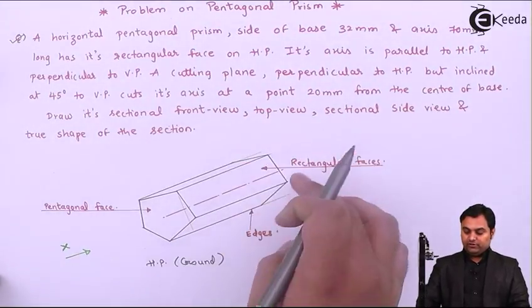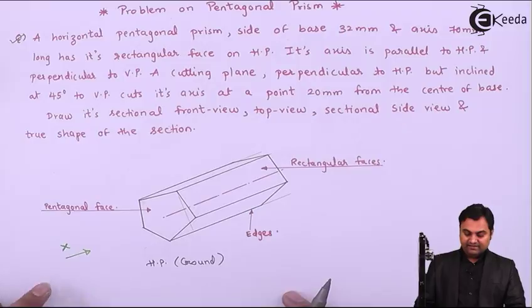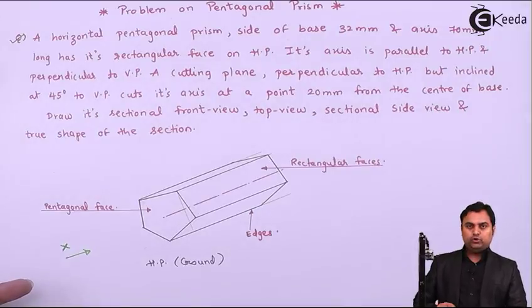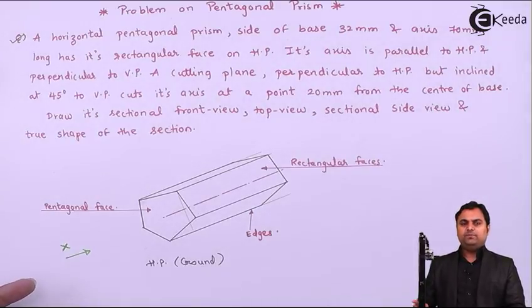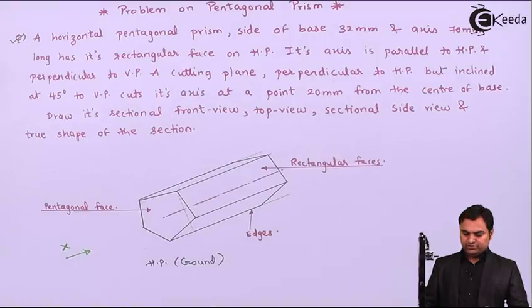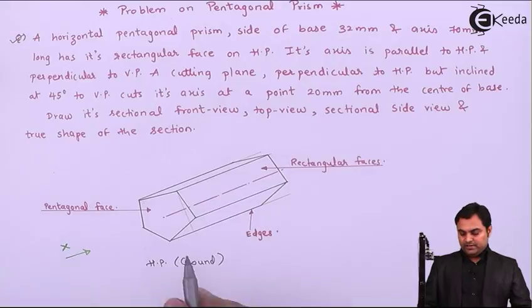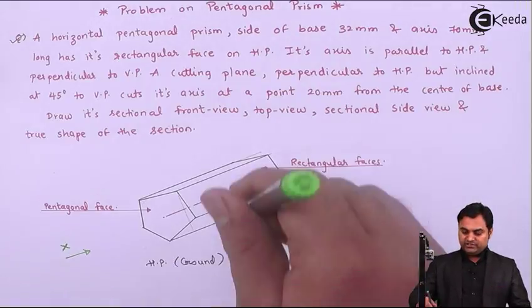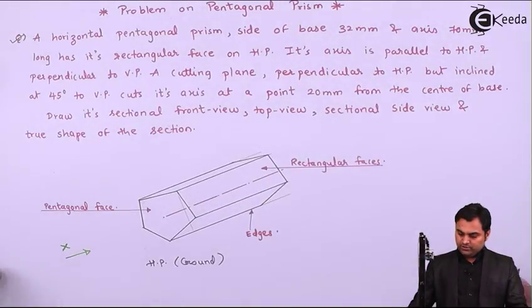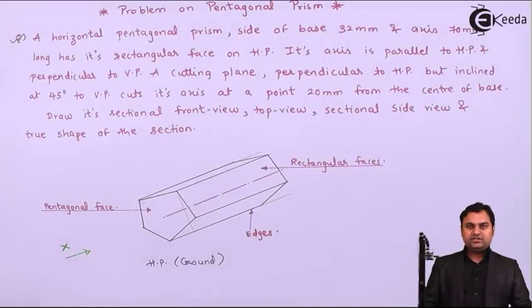Next, in the top view we are going to see the rectangular faces. When we are projecting the front view onto VP, because front view will be seen in VP as per first angle method of projection, then this axis will become perpendicular to VP and it will appear as a point, whereas in the top view it will appear as a line. So let us get started by drawing the initial condition.